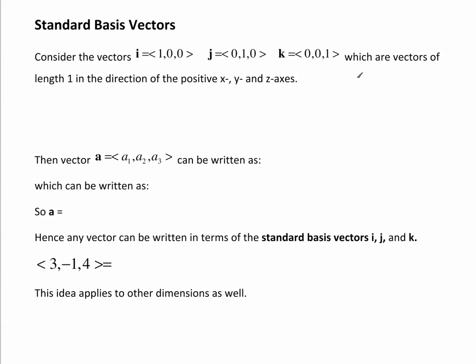So let's go ahead and just draw these real quick so you can see what I'm talking about here. That's going to be the x-axis. So over here is positive z. This is positive x. This is positive y. So if this is 1 in the x direction, this is 1 in the y direction, and this is 1 in the z direction, then i is right here. That's vector i.